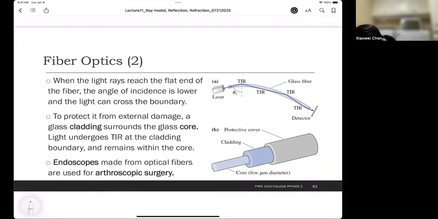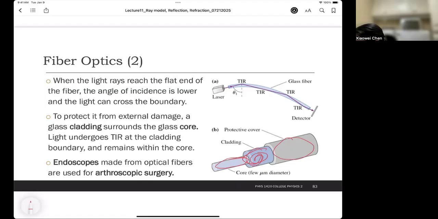You can see here is the core, this is the cladding, and this is the protective cover.